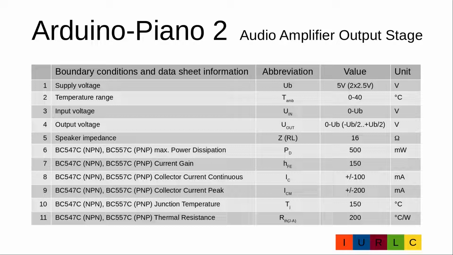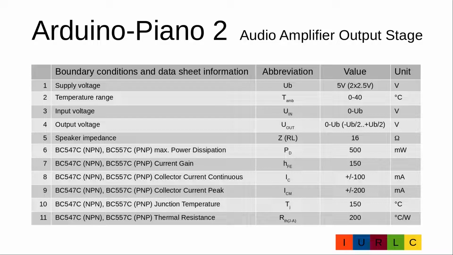The output voltage should be within the supply voltage from 0 to UB, or if we decouple it with a capacitor from minus UB half to plus UB half. And from the speaker datasheet we know the impedance is 16 ohm.